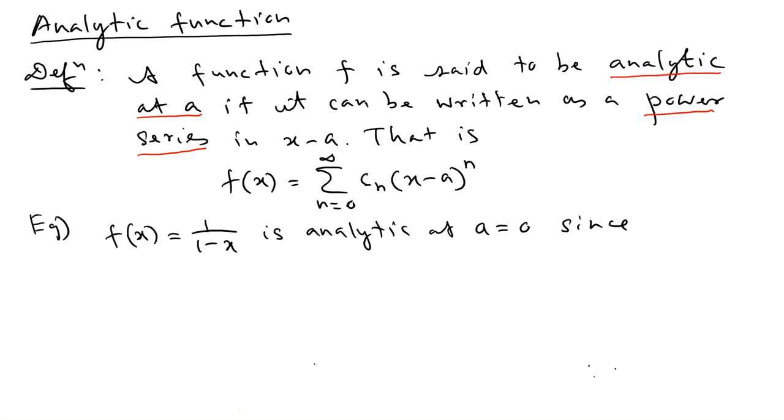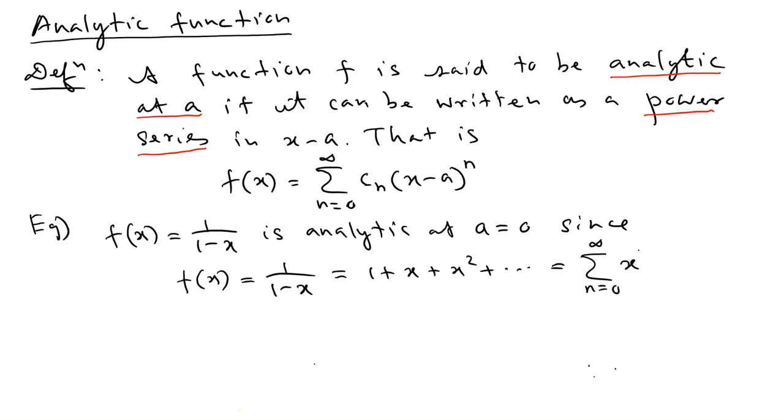Yes. f(x), which is 1 over 1 minus x, equals 1 plus x plus x squared and so on. That's the geometric series. So you can write this as sigma n going from 0 to infinity of x to the n when the absolute value of x is less than 1, for some radius of convergence. So there has to be some radius of convergence, but you can write this function as a power series. Okay, so that's the idea.